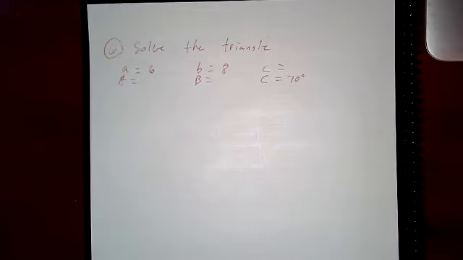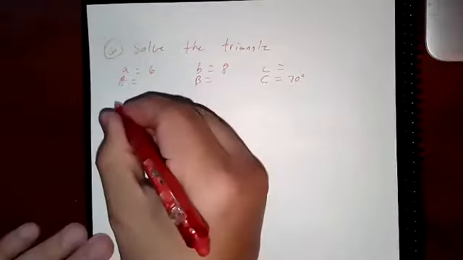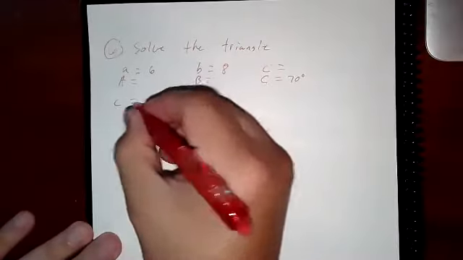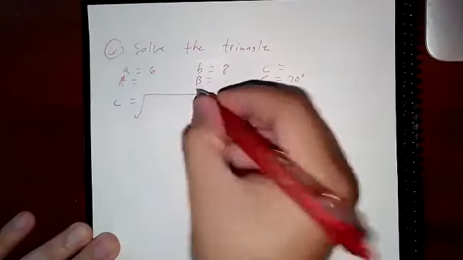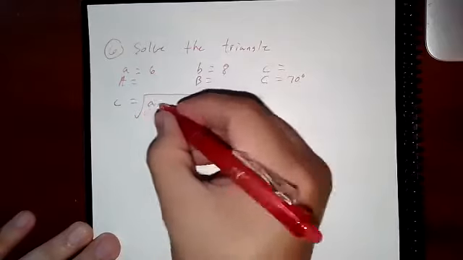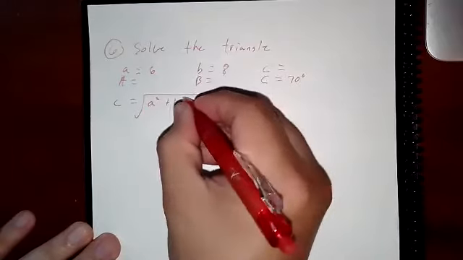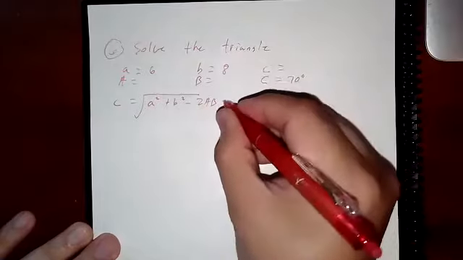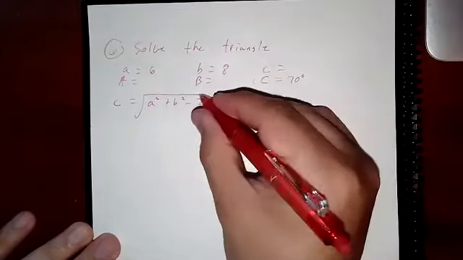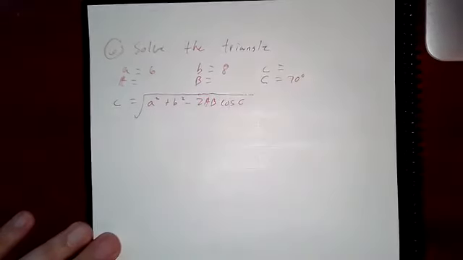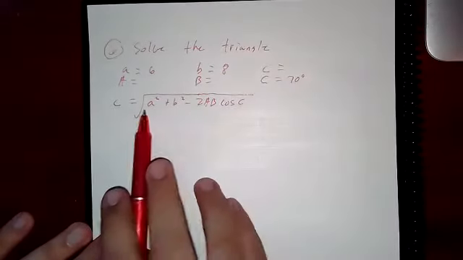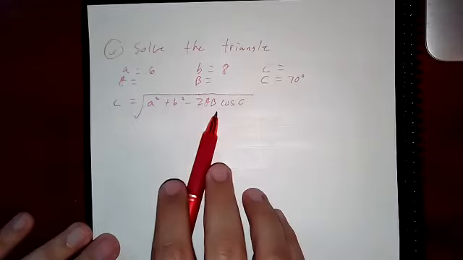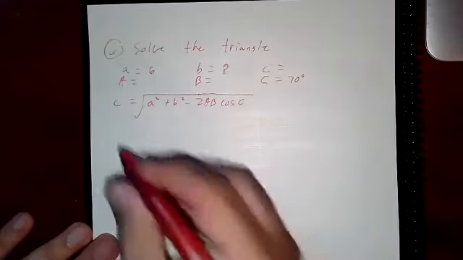All right, so let's find side c. We wrote a formula that little c is equal to the square root of a squared plus b squared minus 2ab cosine C. So we got all the stuff we need to find little c.